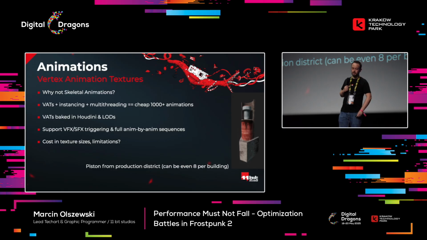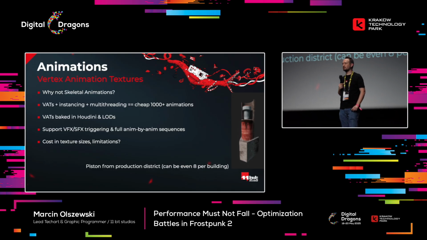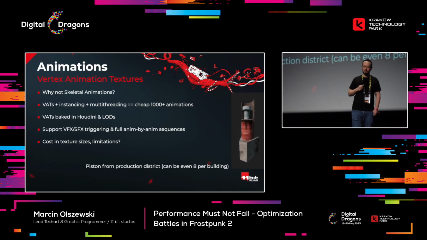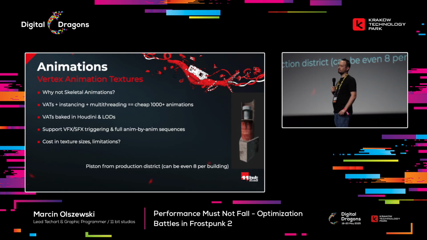And animations. We are using mostly vertex animation textures for rendering. We have a special system which updates on multi-thread. It supports multi-threading and instancing with the previous system for batching, which makes animations 1,000 or even more thousands quite cheap.